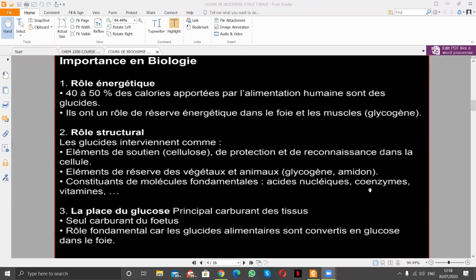They also intervene as constituent fundamental molecules such as nucleic acid, coenzymes, enzymes, and vitamins, etc. We come to the rôle énergétique.